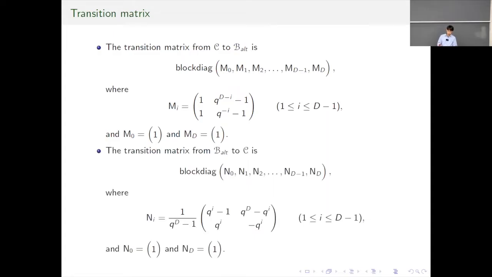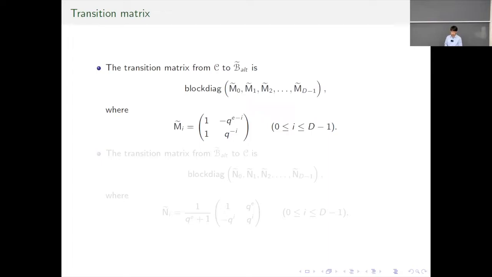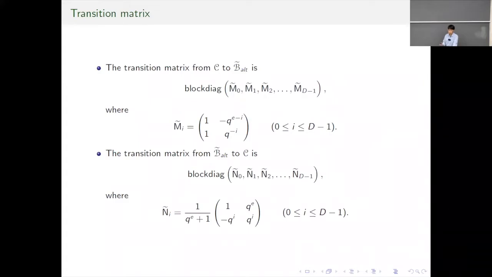And in the reverse direction, the transition matrix from B alt to C is just the inverse of this. The transition matrix from script C to B alt tilde is block diagonal, where each block is 2 by 2. And the reverse direction is nothing but the inverse matrix.